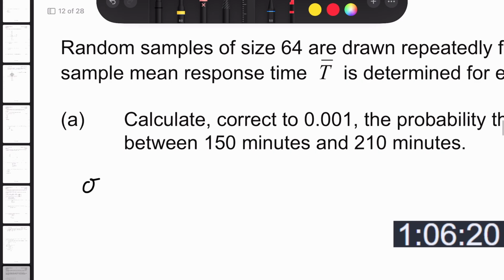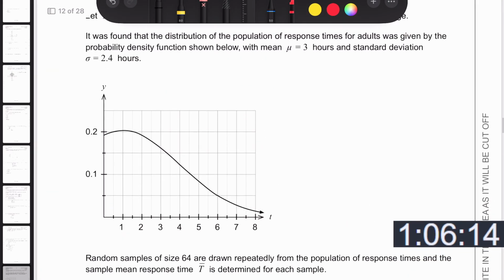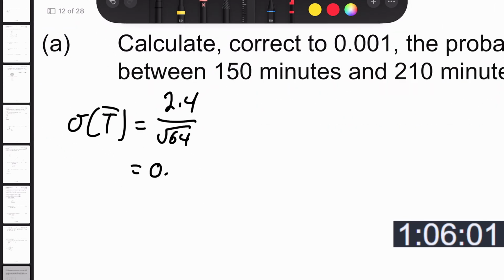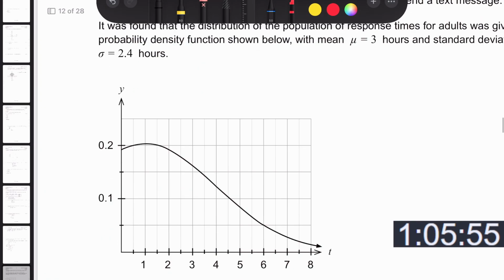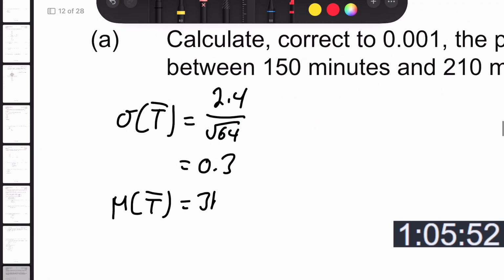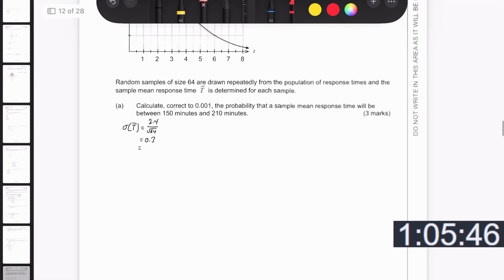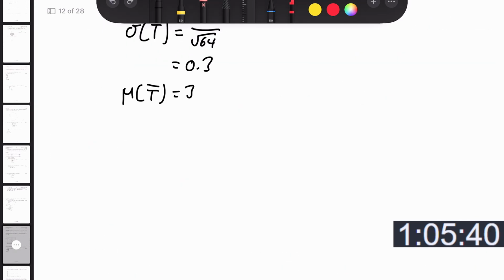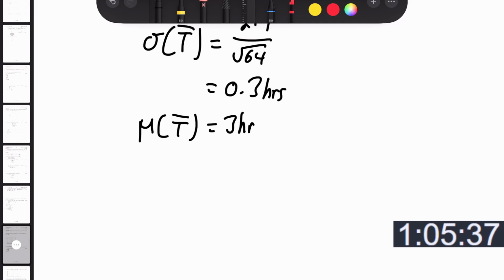So the standard deviation of the sample mean is going to be 2.4 over the square root of 64, so 2.4 over 8, so 0.3, and the mean of T bar is still going to be 3 hours. We'll say this is hours.